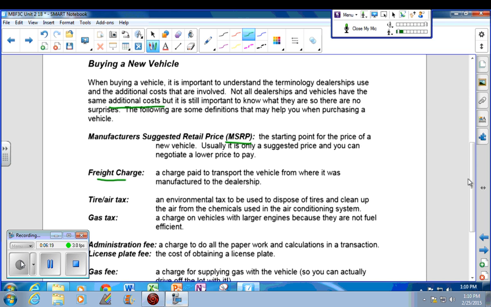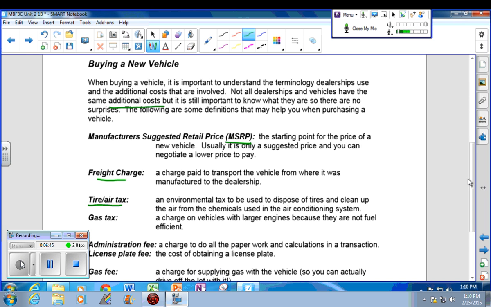Okay. Now there's a strange little tax, a tire and an air conditioning tax. They charge you $20 per tire, including the spare. It's supposedly to help dispose of used tires. Maybe that works. And then there's an air conditioner tax to recapture the chemicals that are used in the air conditioning system.